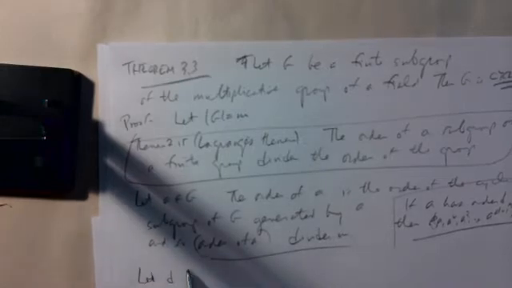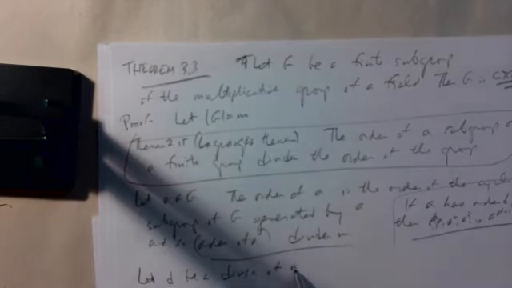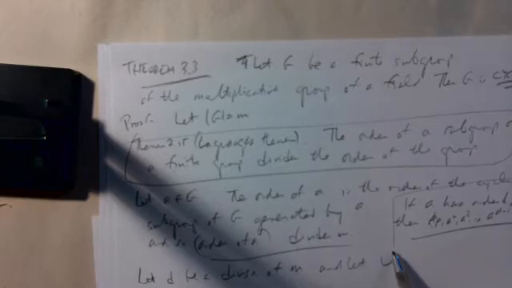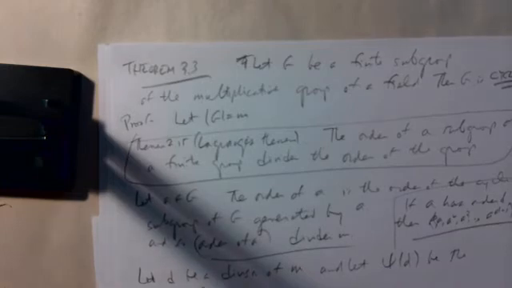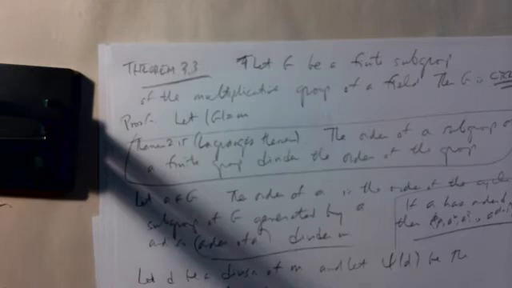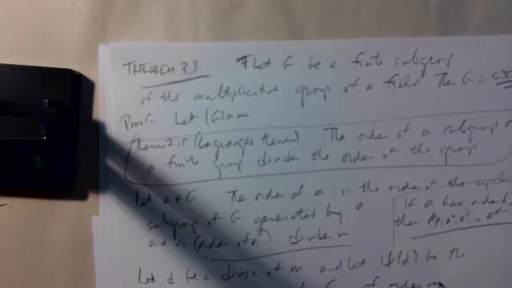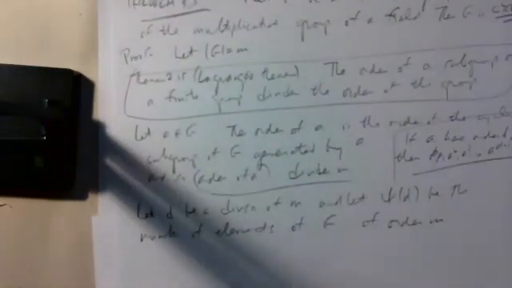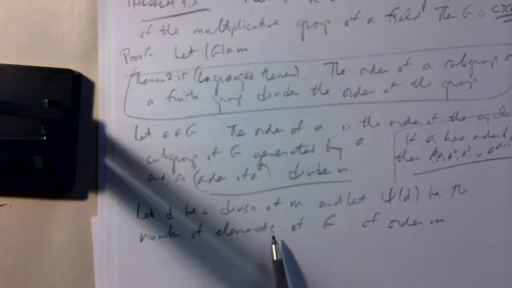So let D be a divisor of M, and let psi of D be the number of elements of the group G of order D. So we have a group G. You take a divisor of its order, and psi of D is the number of elements of the group of order D.